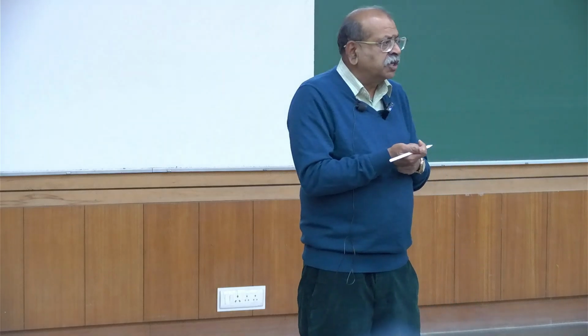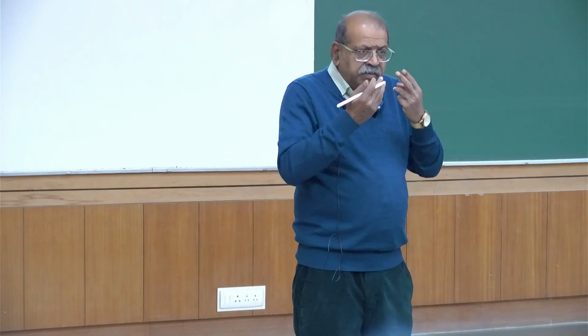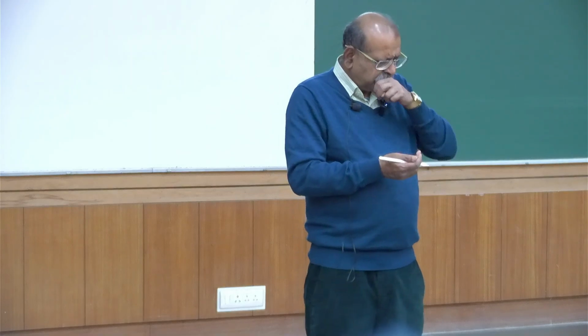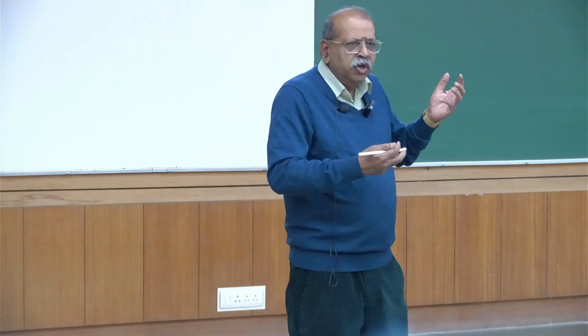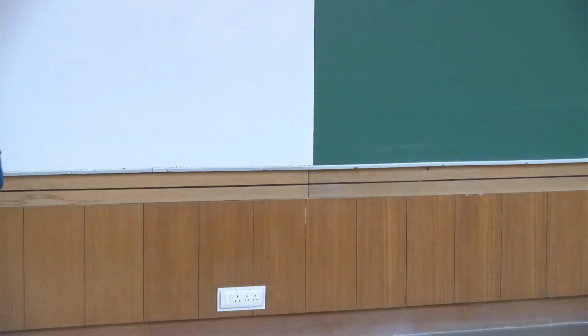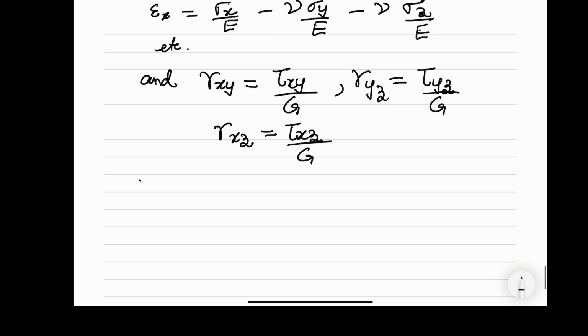Modulus of elasticity E, shear modulus G, and Poisson's ratio nu. So that means we have 3 properties of material: E, G, and nu.